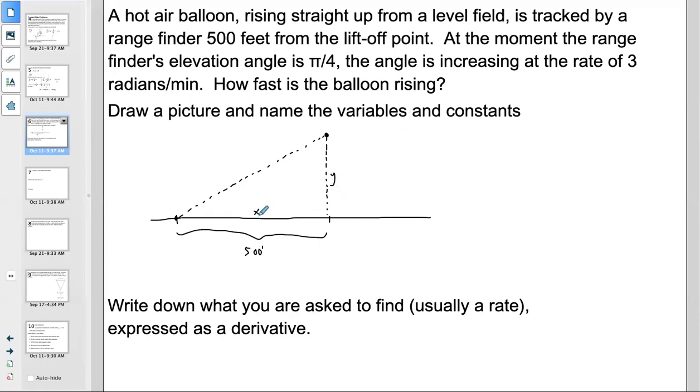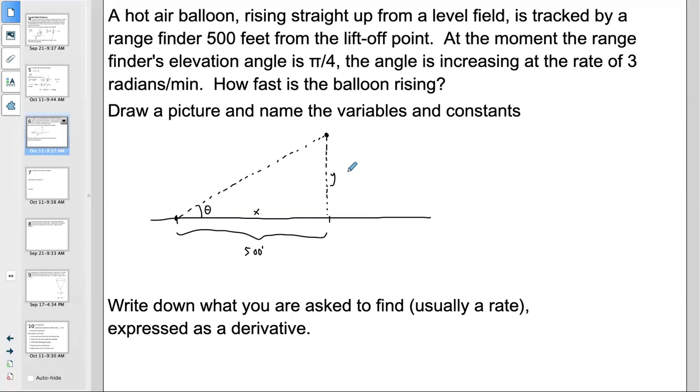X is not changing. Y is changing. And there's an angle here, which is going to be important, I know, because they started talking about the rangefinder's elevation angle. Maybe we call this theta. We usually use that letter, that Greek letter, to denote angles. So I've now named everything.